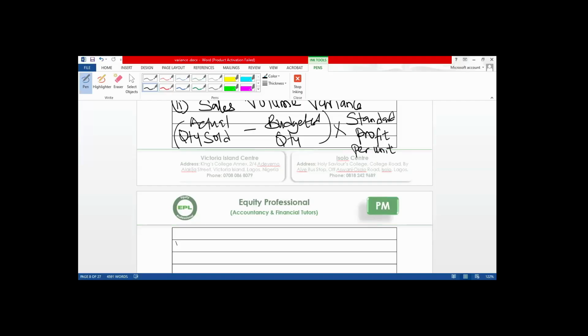If the question is on marginal costing, then you are going to use standard contribution per unit.